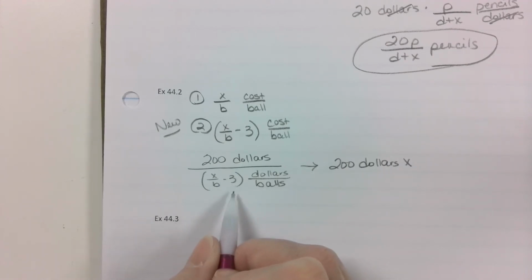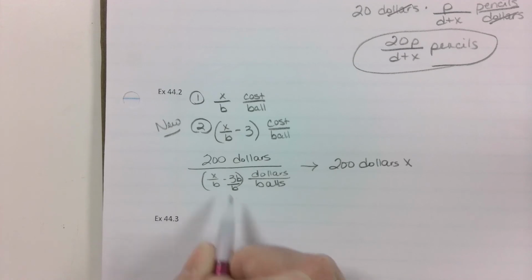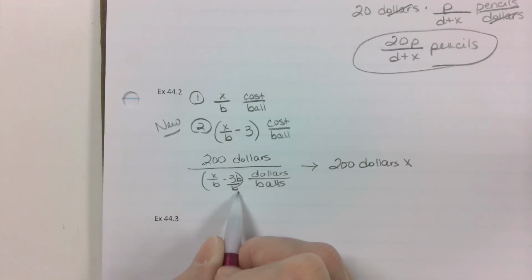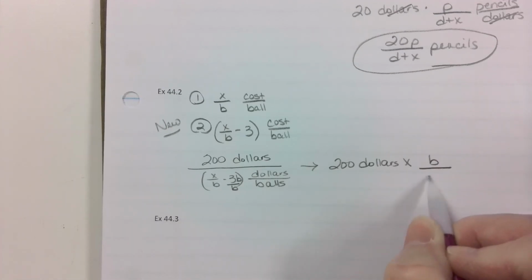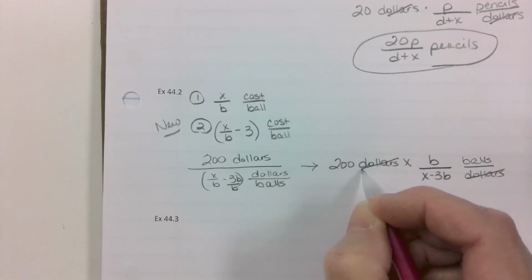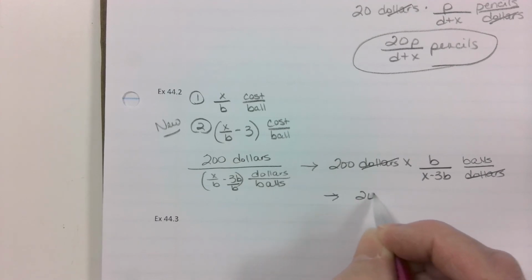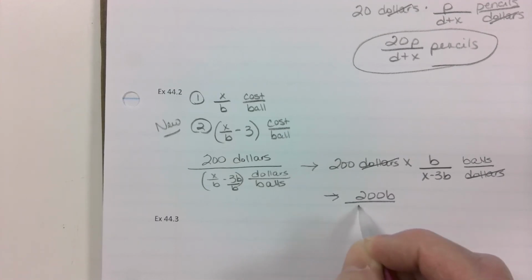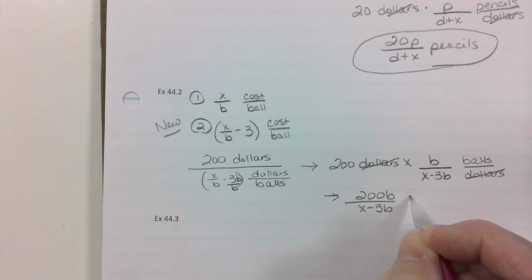Now, I need to get a common denominator here, right? So the common denominator is going to be B, so this is X minus 3B over B. When I flip it, I'll get this, right? B over X minus 3B. And now balls are in the top and dollars are in the bottom. Those cancel. So you get 200B over X minus 3B balls.